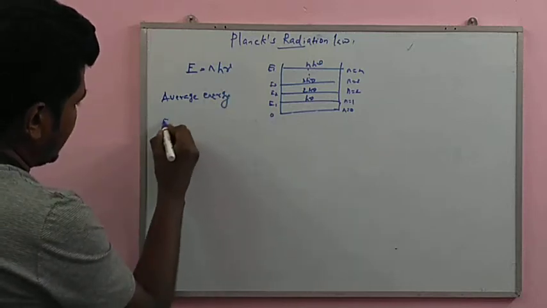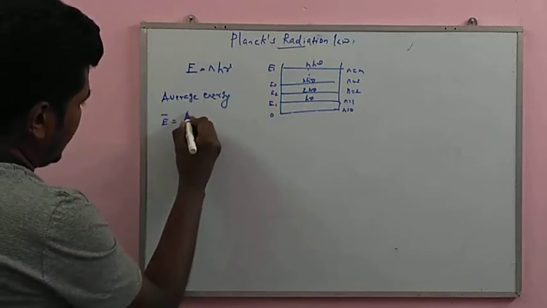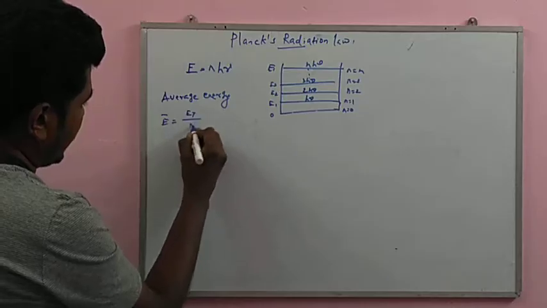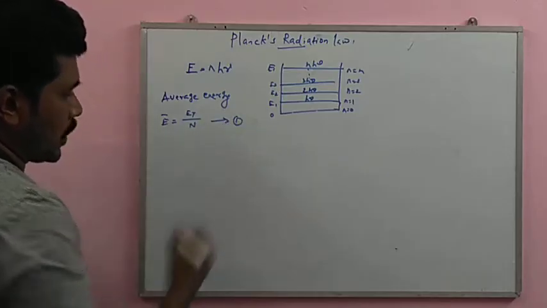The average energy E bar is equal to the total energy divided by the number of oscillators, equation number 1.